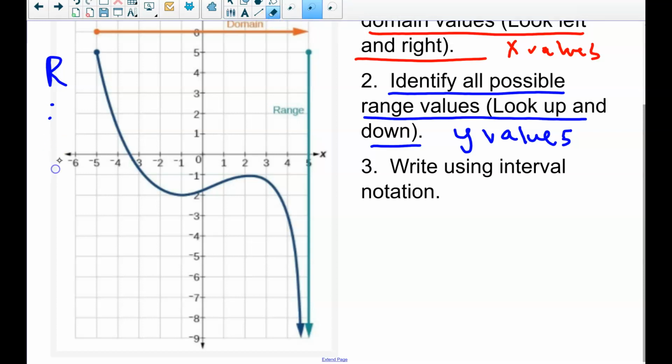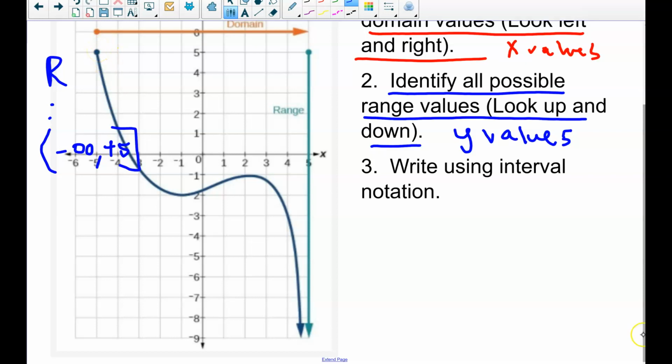Our range goes up and down, so actually we would continue on to negative infinity. That needs to be the first part with a parentheses around it. And then up, bracketed to the highest value. Not a -5, +5 this time, because that's our highest value in terms of our y values.